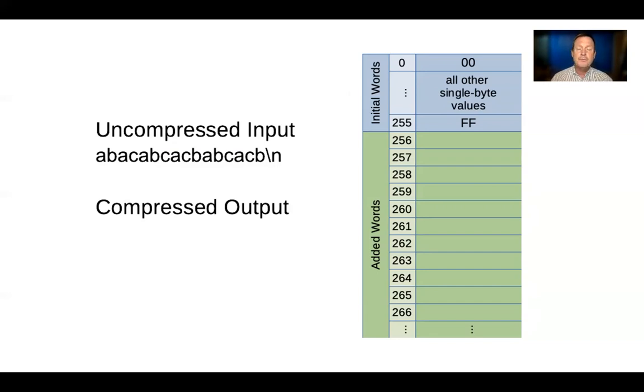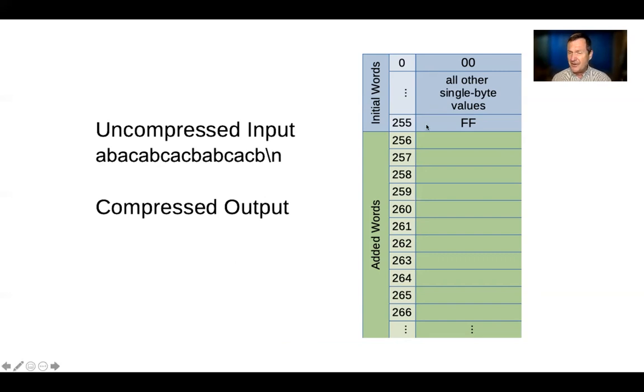So the compressor, it says this in the write-up. It's always going to take the next sequence of bytes from the input, and look for the longest dictionary word that matches the next sequence of bytes from the input. Initially, all we've got are these 1-byte words.